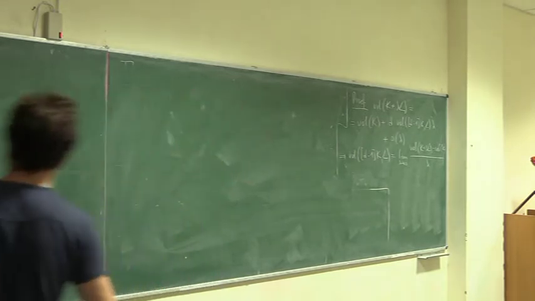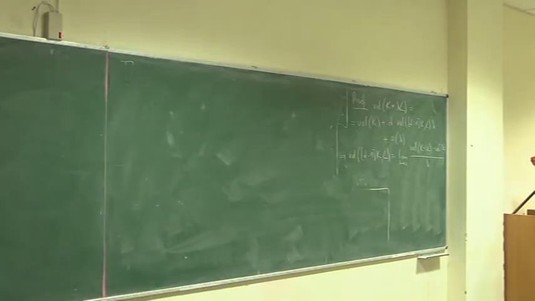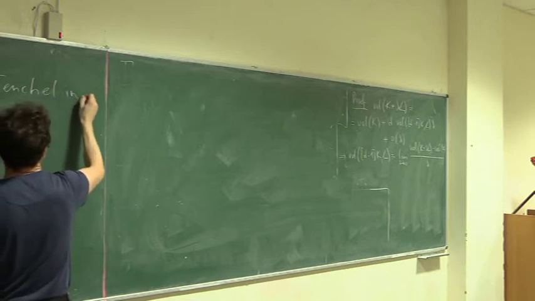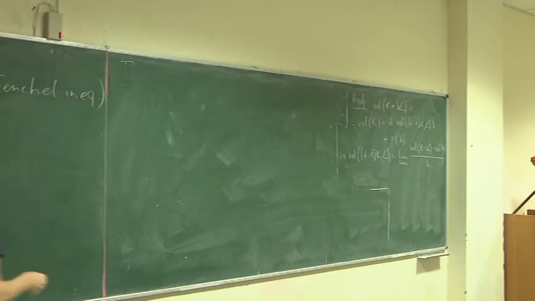First is the Alexandrov-Fenchel inequality. That's A.D. Alexandrov, and Fenchel, that's the Fenchel from Fenchel-Nielsen, but here they did something completely different.